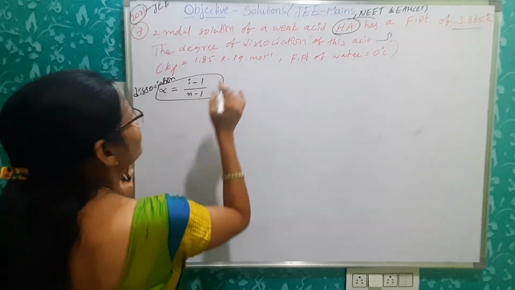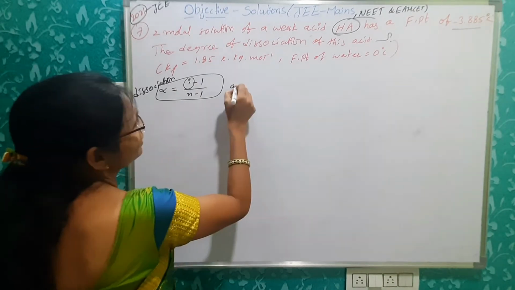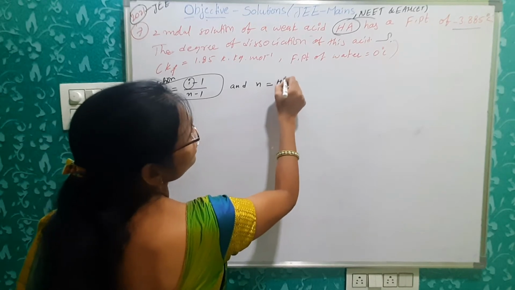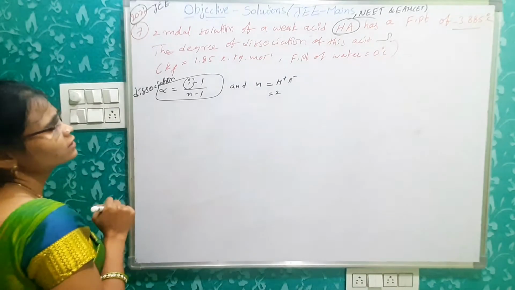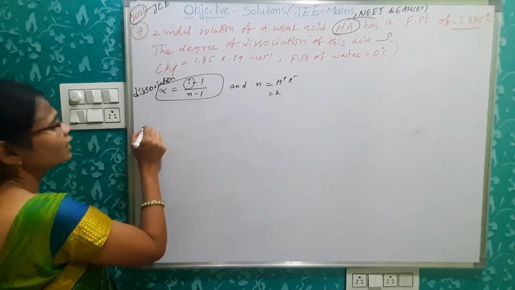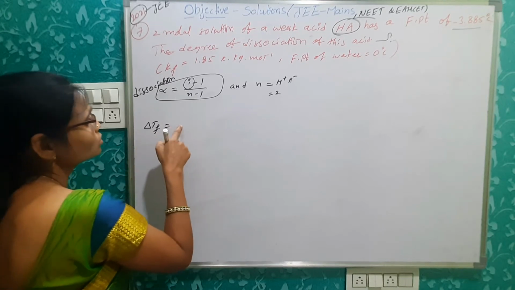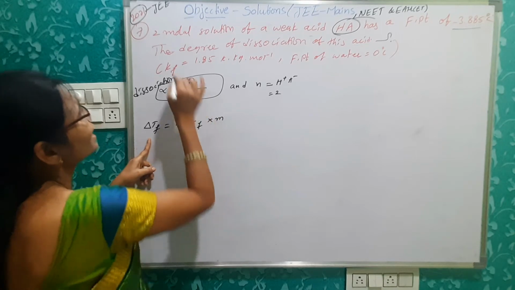But i is not there, and n is equal to 2 for H plus and A minus. For calculating i, we have to use the depression in freezing point formula. Delta Tf is equal to i into Kf into m. Molality is given as 2.